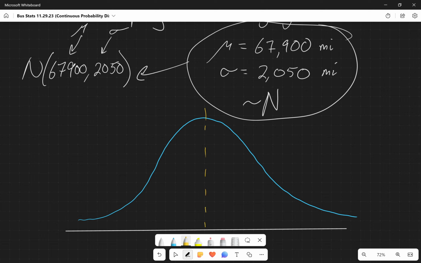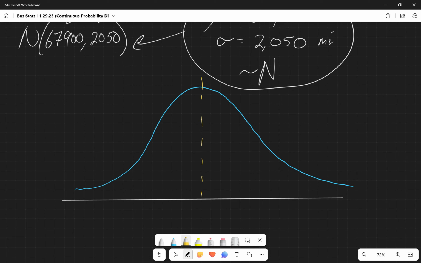Again, I'm an economist, not an artist. Give me a break. And then we label the things, right? So this is 67,900. And then the other part that we can put here, just to give us a little bit of context, is that this whole half of this is going to have a probability of 0.5000.